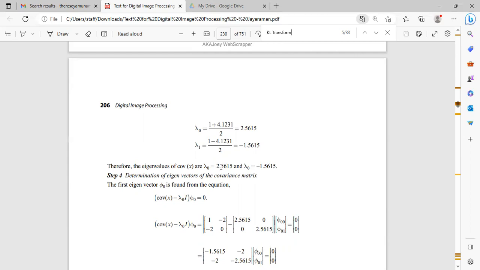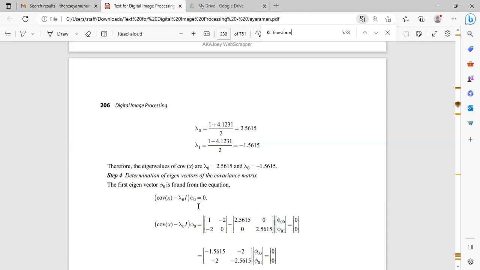They represent the vectors indicating the respective directions. Similarly, here also, for the eigenvalue lambda naught, the eigenvector will be phi naught.